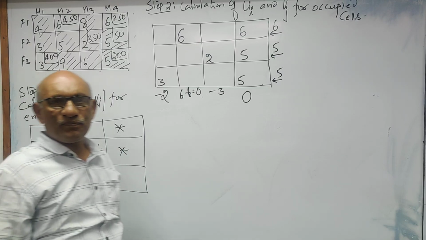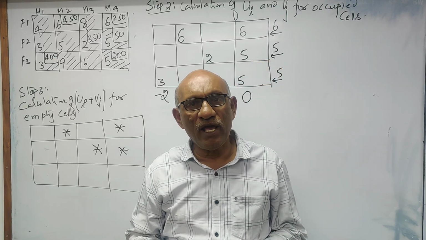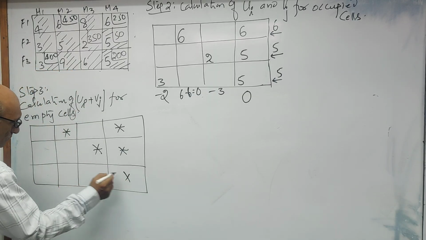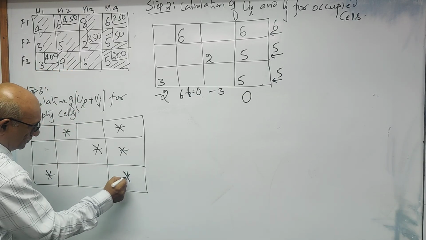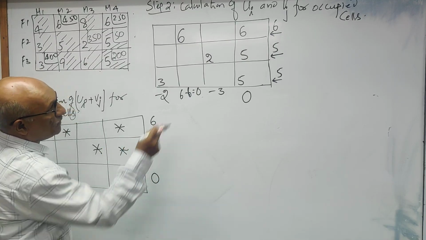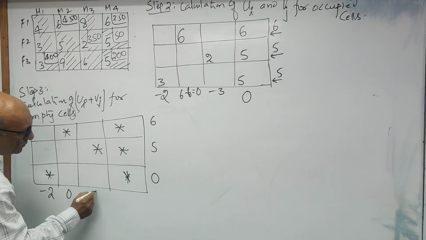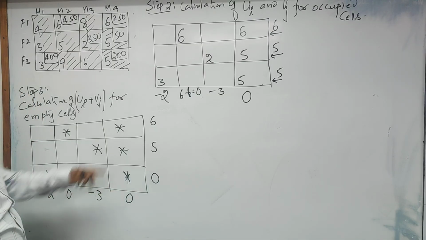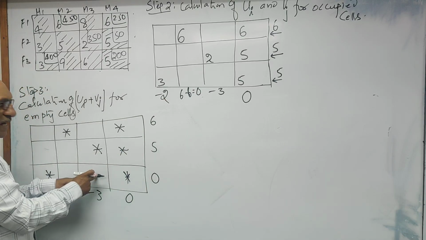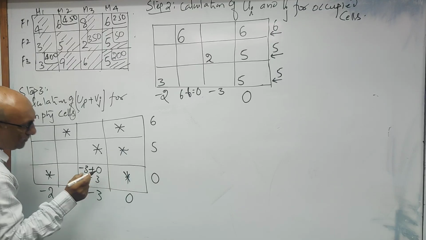Any sign you can write. It means you have to ignore the occupied cells and concentrate only on the empty cells. Now write the UI and VJ values obtained in the previous step. Same values are written here. Add these two outer values and write in the empty cell. Minus 3 plus 0 is minus 3.